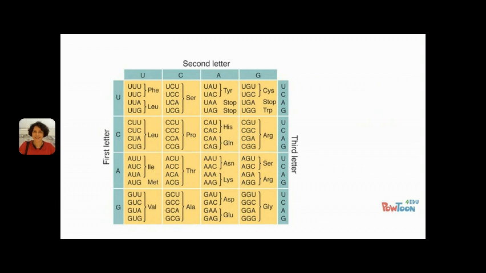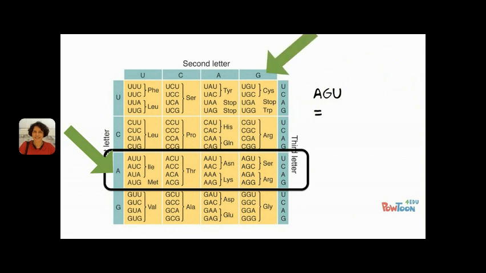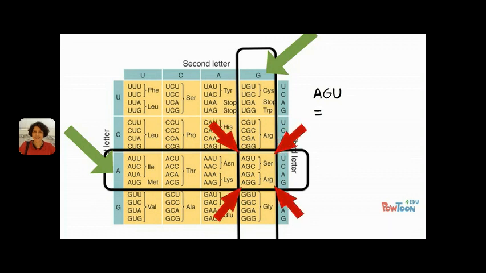Let's do another one, the codon AGU. We go to the third row for the A and then to the fourth column for the G. At the intersection of these two, we find a cell in which all 4 codons start with AG.